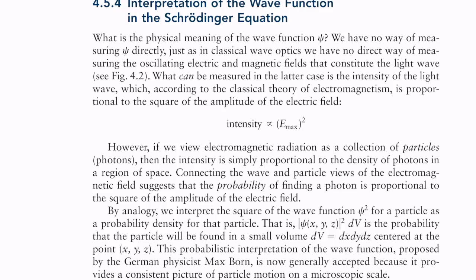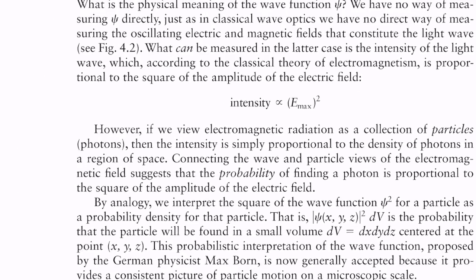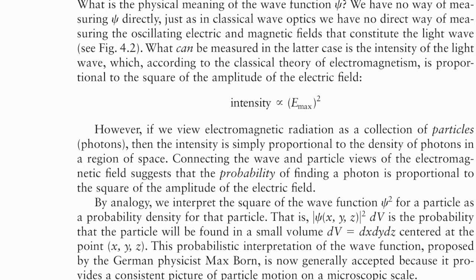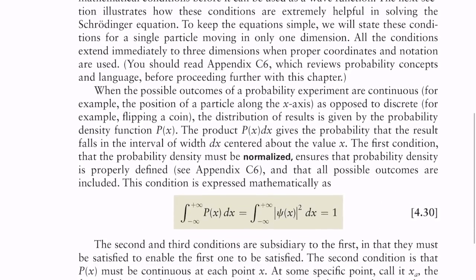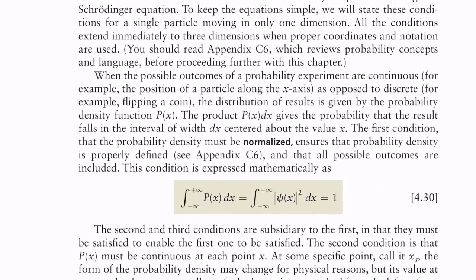And so in a similar way, we square the wave function to get the probability of finding the electron or finding the photon. I don't like to say it that way, because that goes back to the idea that the electron or the photon are these discrete particles that are flying around, okay? But basically, you need to square to get a real value. That's what you have to do.